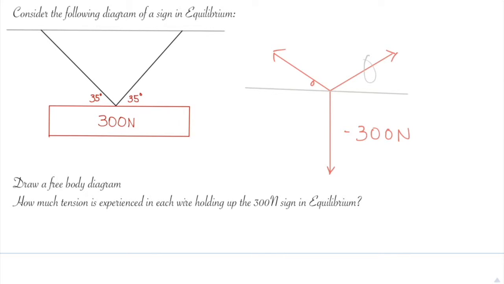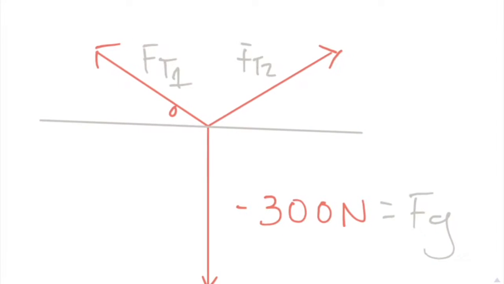So for each wire, how much is this tension force? We'll call this force tension 1, and we'll call this force tension 2, and then down here we have the force of gravity. Each wire has some components of force that are not demonstrated here in the free body diagram, but they do exist.